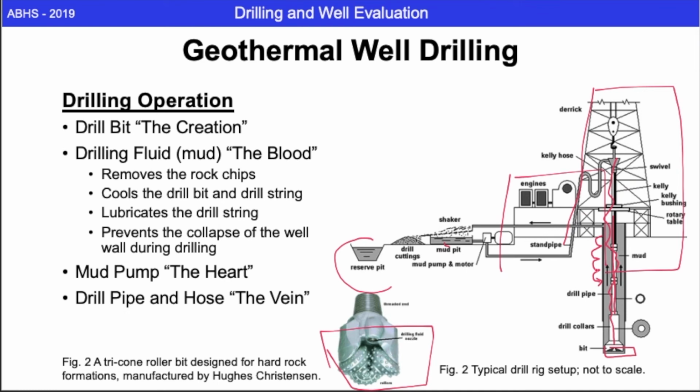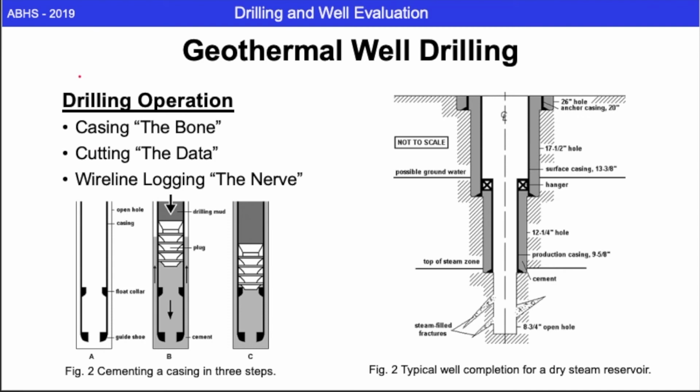The running of the drilling is ensured by the power system, usually an engine here, to run the drills up and down. Here is the cross-section view of the geothermal well drilling. As we drill down into the subsurface, we install casing. At the beginning, near the derrick and the mast, we install casing with a quite large diameter, usually a 26-inch hole with a strong, larger anchor casing of 20 inches.